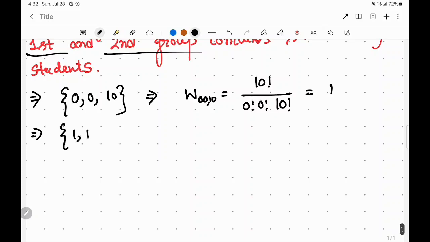Next is the following configuration, so we just have to calculate it.